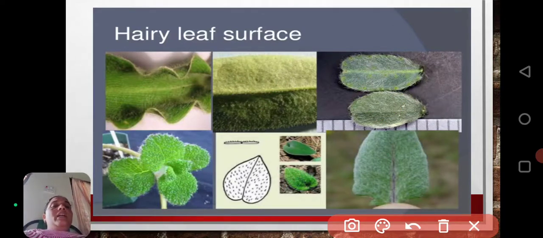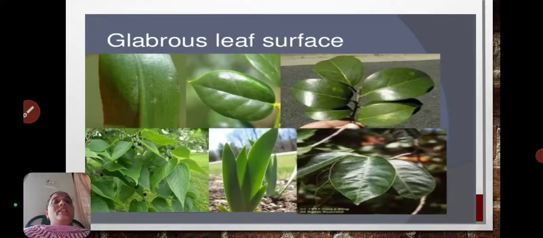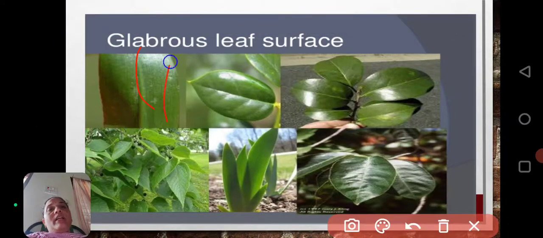In this slide, hairy leaves have hair-like structures on the surface, and this is glabrous. Glabrous means very smooth. The leaf surface is very smooth like this. If you can't observe the surface, just touch it and observe the nature of the leaf surface.